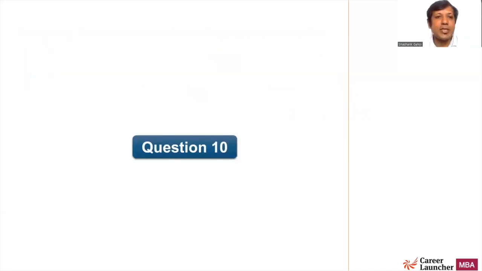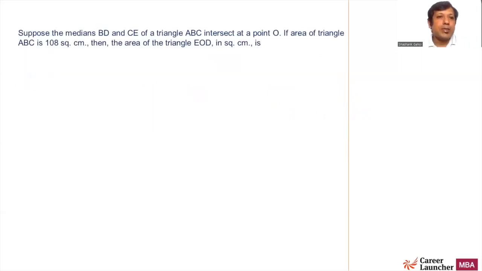Let's start question number 10. Now this question is of triangles. In triangles, what information is the question providing us? Suppose the medians BD and CE of a triangle intersect at point O. So O is definitely going to be the centroid.